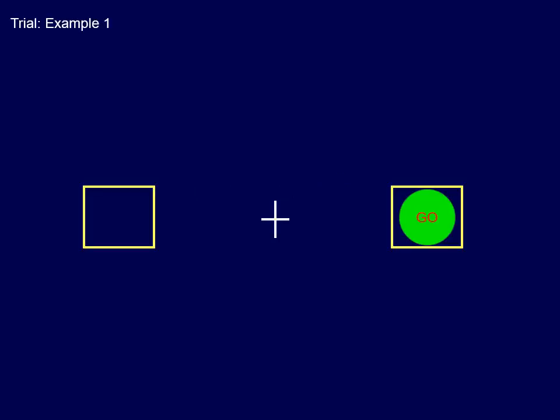So this would be an example. You're supposed to pay attention, and as soon as this go signal came up, you're supposed to hit L in this case.